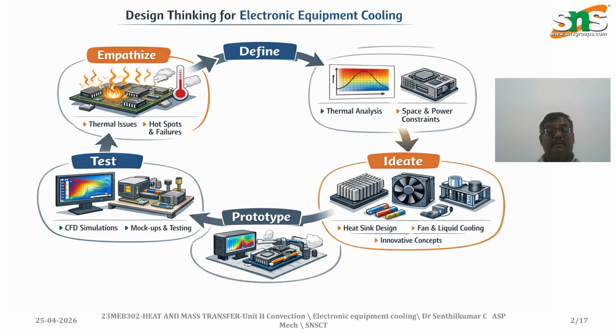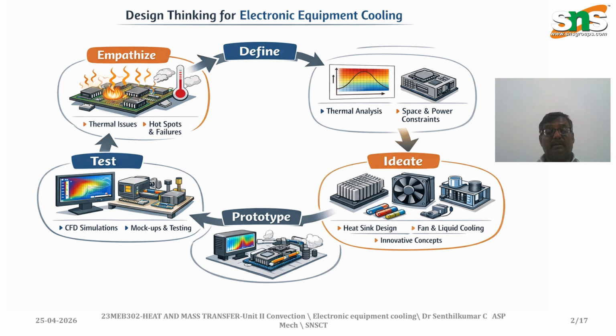We teach the design thinking concept in our SNS institution, and this is the beginning of the topic where we explain the design thinking for electronic equipment cooling. In the empathize part, the thermal issues and hotspot failures were analyzed, and in the define part, thermal analysis and space power consumers were found out.